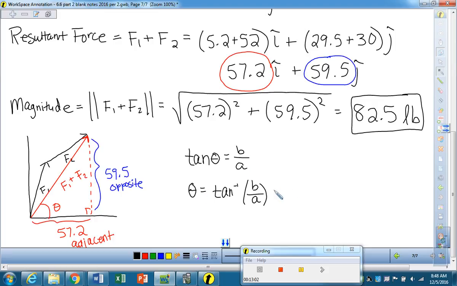Now let's plug in our values for B and A. B was the 59.5 and A was 57.2.